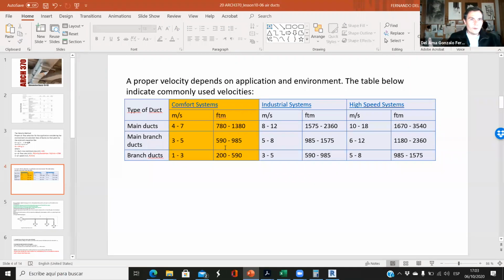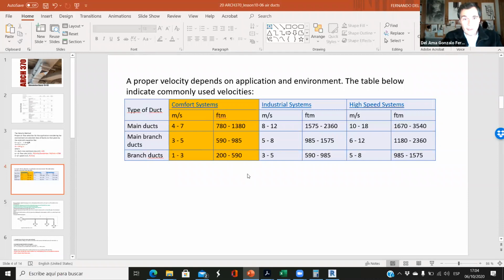We cannot afford having, I don't know, a 20 by 20 inch duct because I don't have enough space, because the distance between the floor and the ceiling is too low, so I can't have a duct like this. So it has to be lower, and then the speed has to be higher. Okay, it depends, but we need to at least realize if we are doing something right or wrong. So those are recommended values.